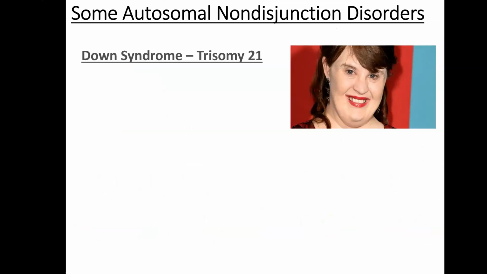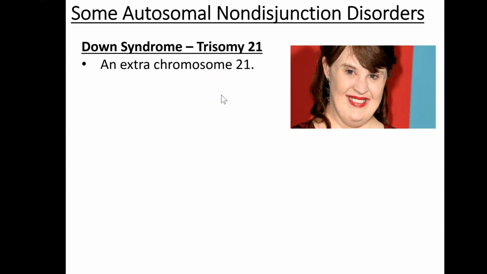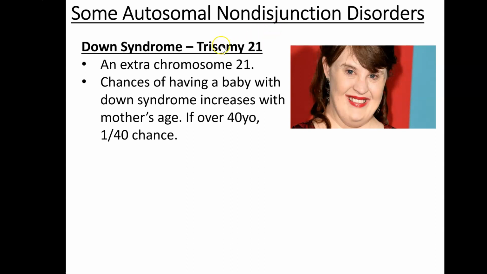So there are a number of different non-disjunction disorders. Autosomal ones occur not within the sex chromosomes, but within the somatic cells, the regular cells. One of them is called Down syndrome, which is a trisomy 21, meaning an extra chromosome number 21.